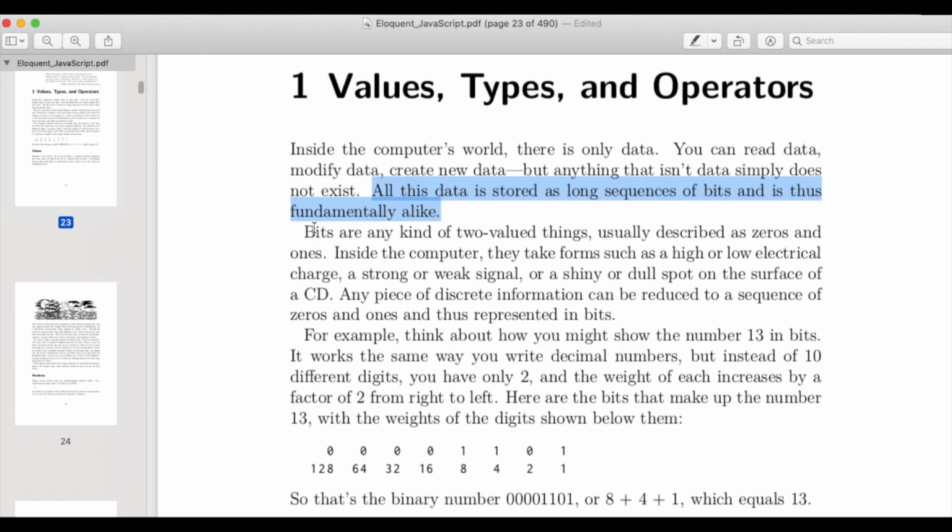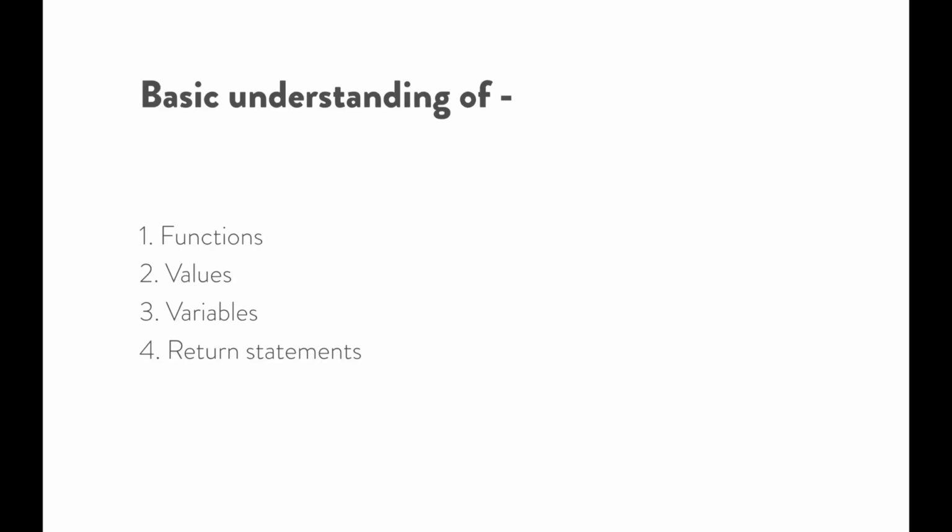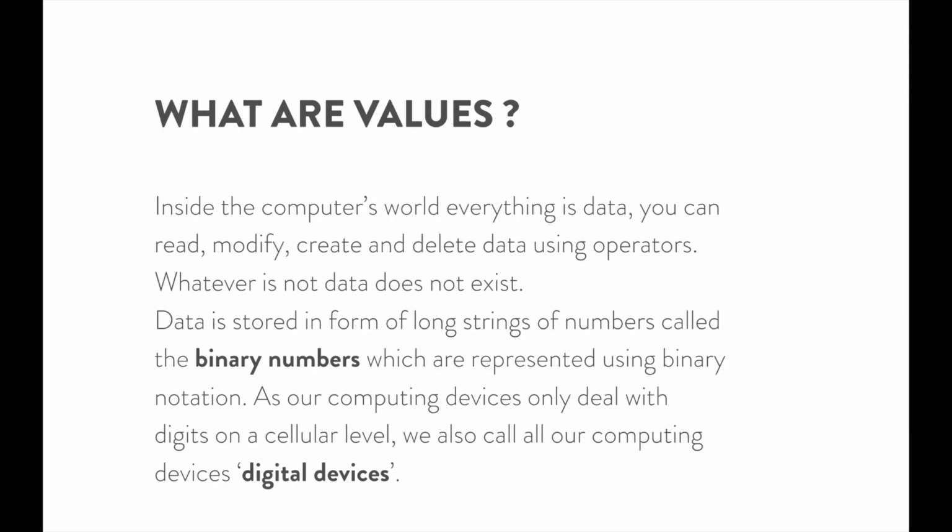Now we are going to go through a small excerpt from the book Eloquent JavaScript. Previously, we discussed the prerequisites required to understand writing a basic function. The second requirement was values. What are values? Inside the computer's world, everything is data. You can read, modify, create, and delete data using operators.